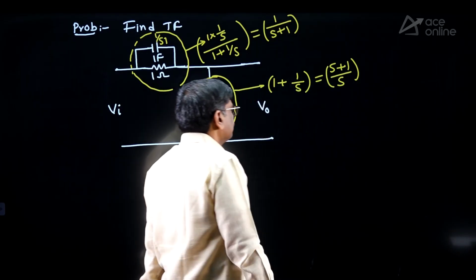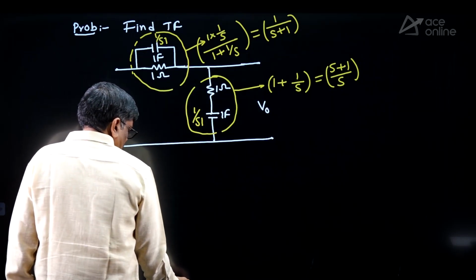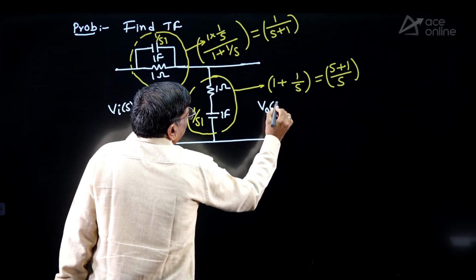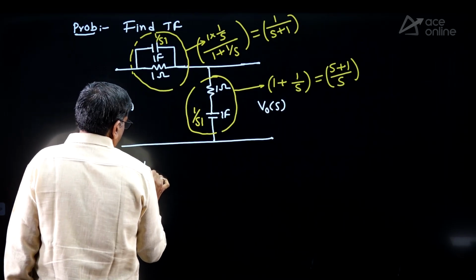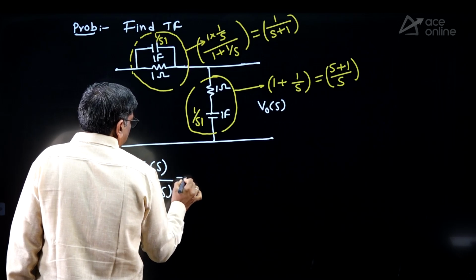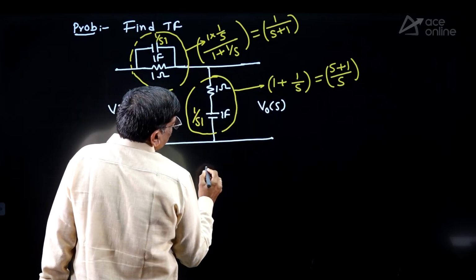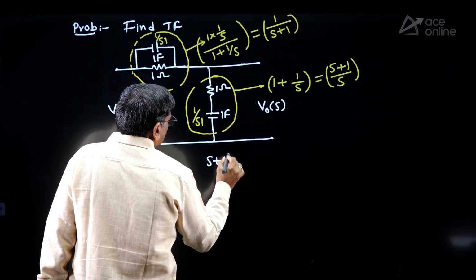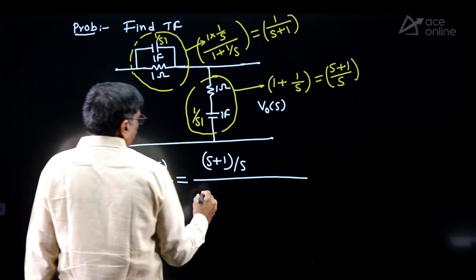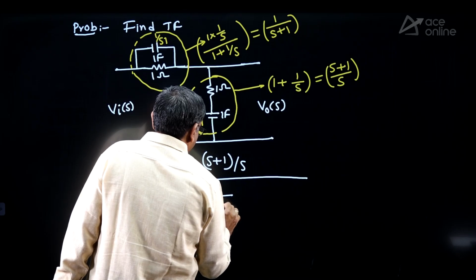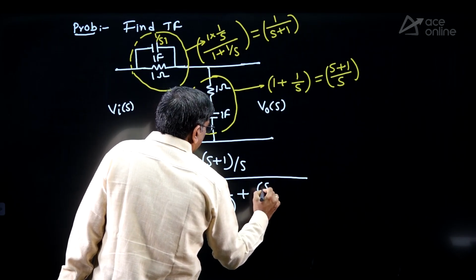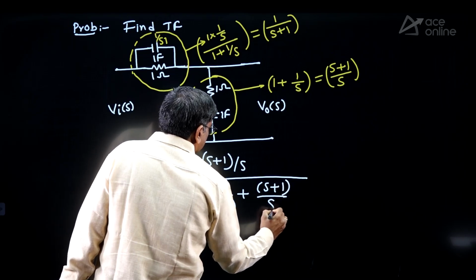V naught of S by Vi of S equal to. Impedance across output is S plus 1 divided by S, divided by total circuit impedance, means 1 by S plus 1 plus S plus 1 by S.